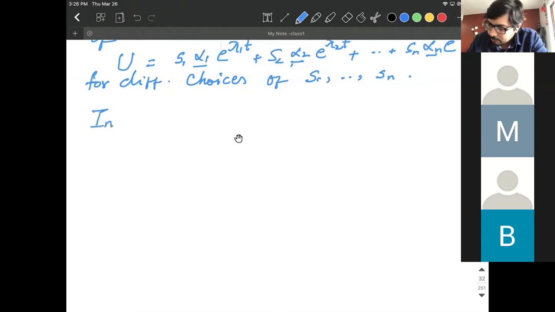So what is an initial value problem? We will end by defining this initial value problem.